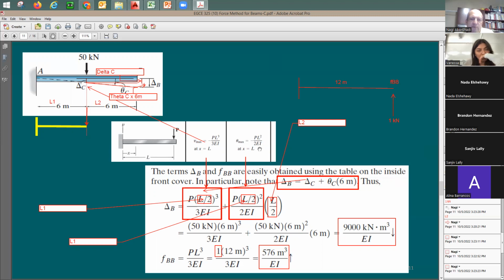I decide to show it downwards, but it was supposed to be upward. What's going to happen? I'm going to have a negative answer, which means the direction assumed is incorrect. Make sense? Yes. Okay. Thank you. Good question. Thank you, Sanjay. Any other questions? You're good?